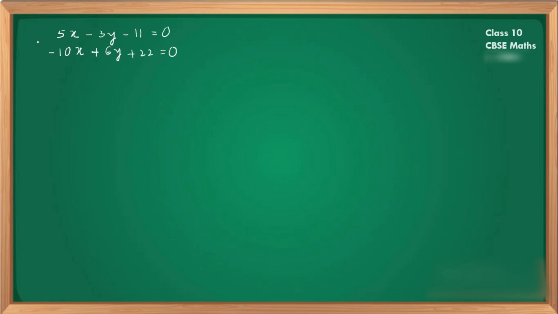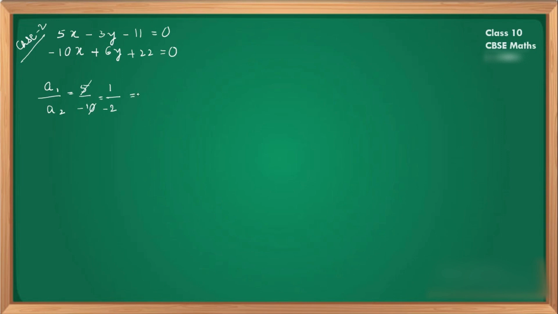This is case 2. Now let me write down A1 by A2. This is nothing but 5 by minus 10. You can simplify this: 5 into 1, 5 into 2, with a minus sign.